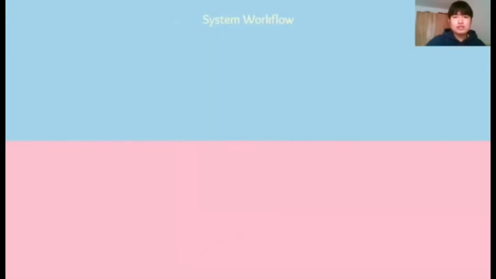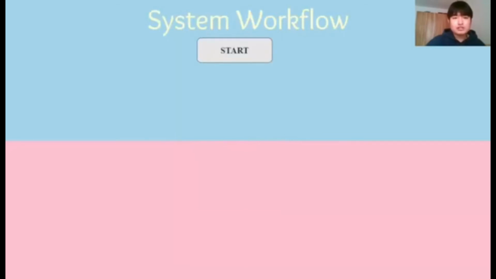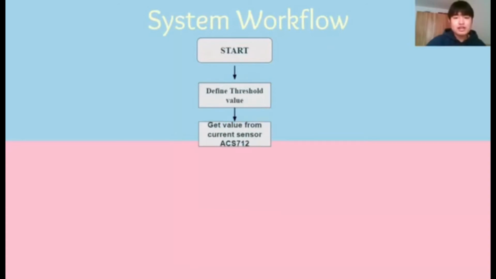And then is our system workflow. The first is our system start, and then we'll define the threshold value. And then we'll get the value from the current sensor ACS712, and then convert the value into current value using the formula, and then we'll compare the current value and the threshold.